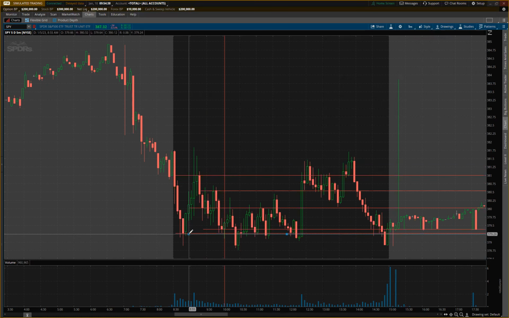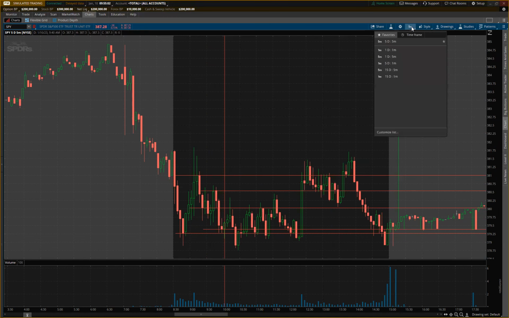This one and this one are called kind of the major and the minor supply and demand zones. And these ones in the middle here are kind of the intermediate ones that also do come into play. So let's say I've logged in, I draw all this information here, I'm good to go.